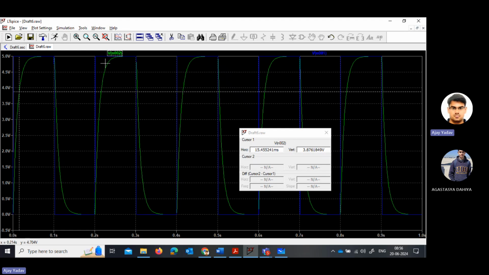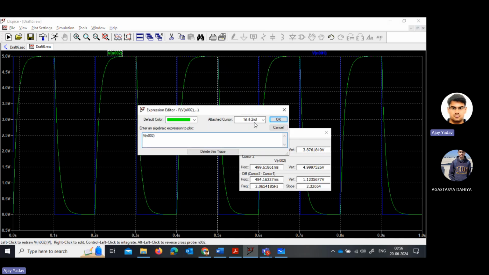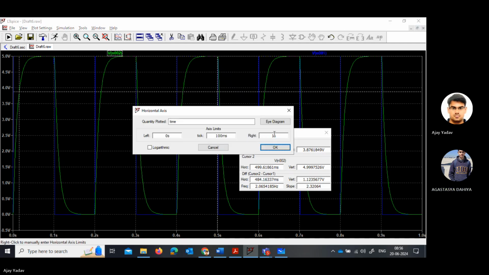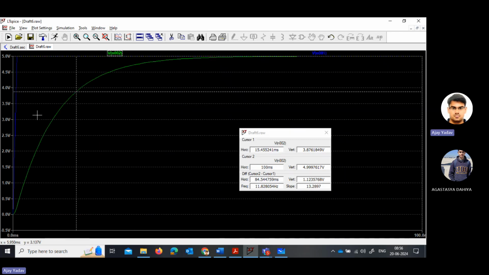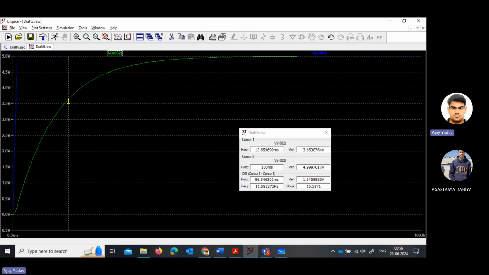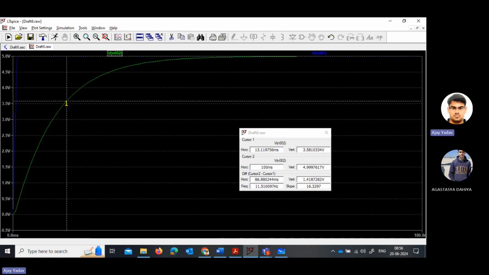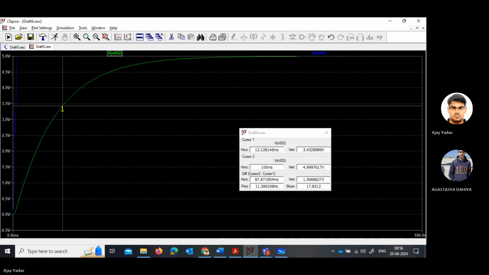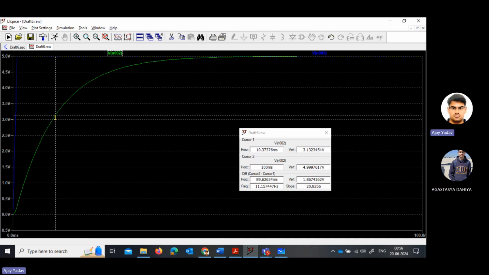In the horizontal axis, I want to obtain up to 0.1. So this will come here, and I want to move this to near 3.16.